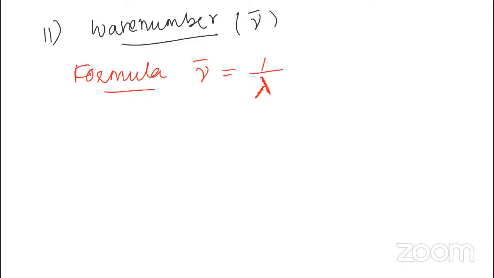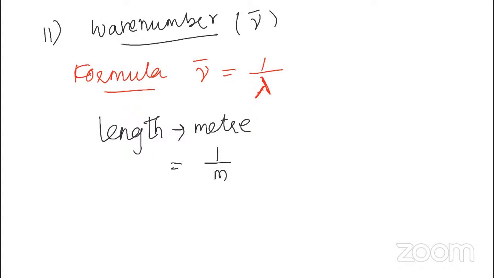Length is measured by the unit meter. Now tell me the dimensional formula for this. Simply we write the SI unit, that is 1 by M. So the dimensional formula is 1 by L or L inverse. Okay, very good.